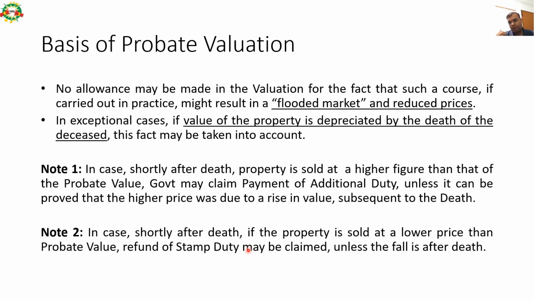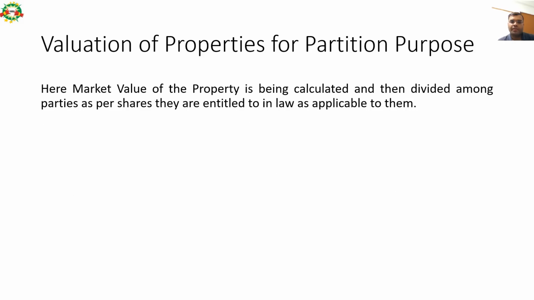So if probate value has been given as 100 rupees and stamp duty for 100 rupees has been paid, but in the near future the property is sold at 50 rupees, then you can approach the government and seek a refund of the stamp duty, unless that fall is because of a factor which surfaced after the death of the person.